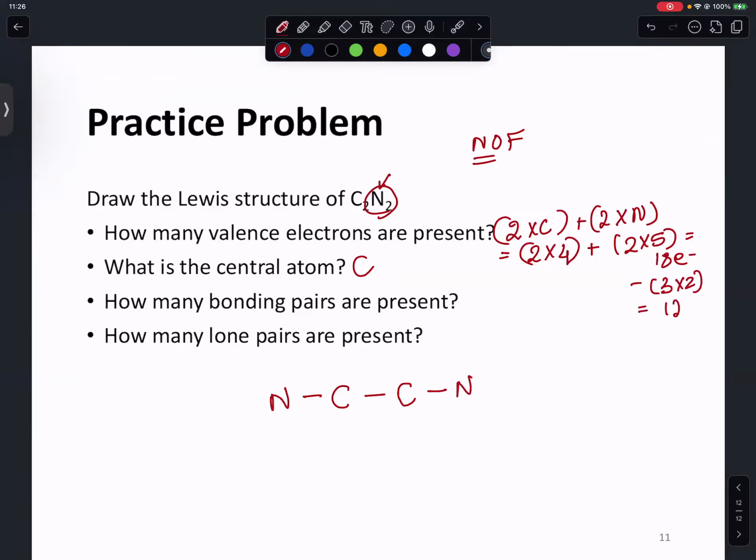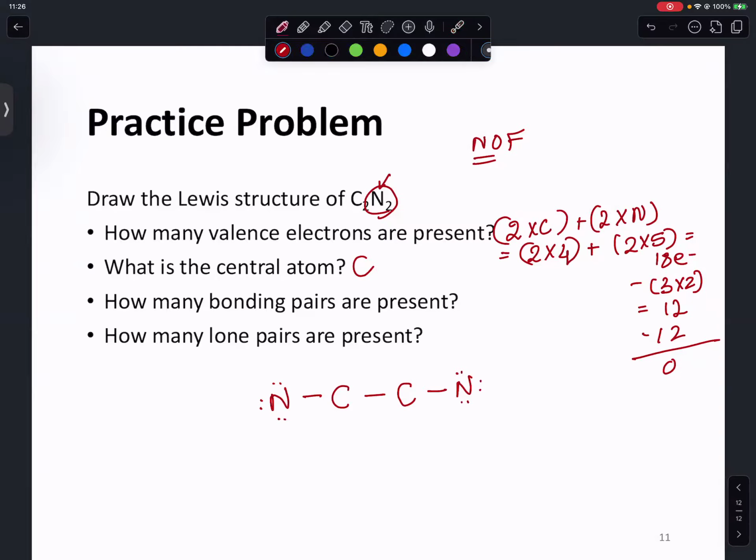And then I'm going to complete the octet of the nitrogen. So 1, 2, 3, 4, 5, 6, 7, 8, 9, 10, 11, 12. Okay, so minus 12 valence electrons, so 0. Now note that we have 2 carbons that we need to complete their octet.